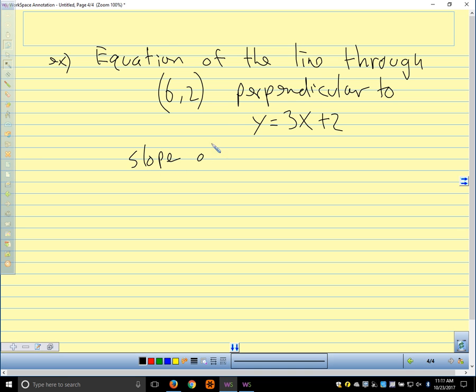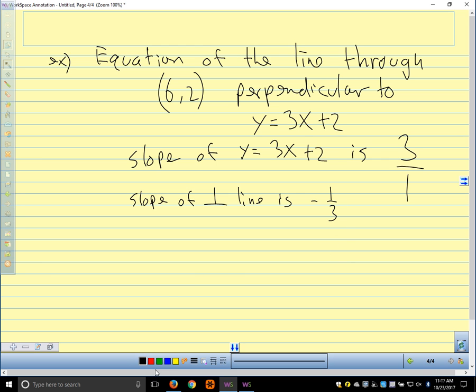So the slope of y equals 3x plus 2. What is that slope? 3. And I can think of it, if it helps, as 3 over 1. So the slope of our new line, I'm going to say perpendicular line, is negative 1/3. We flip that fraction and change the sign.